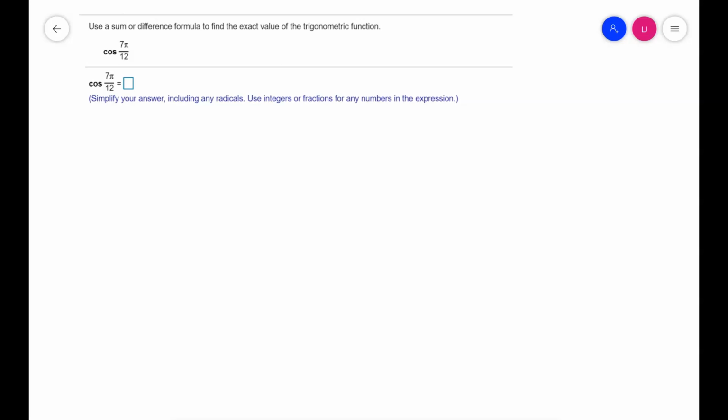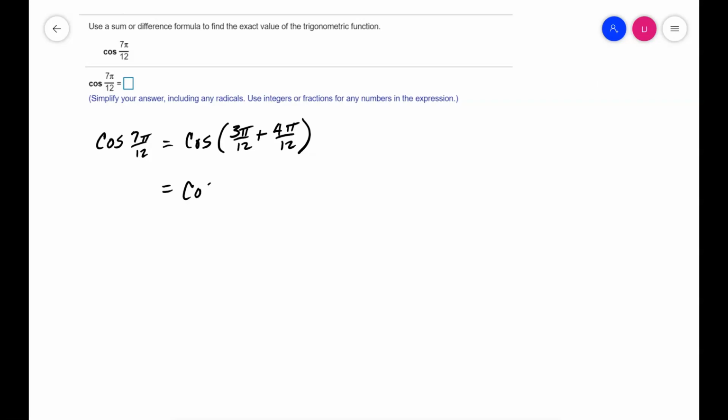Well, you should recognize that the cosine of 7 pi over 12 is the same as saying the cosine of 3 pi over 12 plus 4 pi over 12, because 3 pi plus 4 pi gives you 7 pi, and then you have 12 in the denominator.